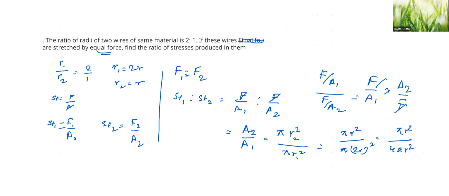Cancel, it is 1 by 4, in the ratio 1 is to 4. So stress 1 is to stress 2 is in the ratio 1 is to 4. This is the solution.